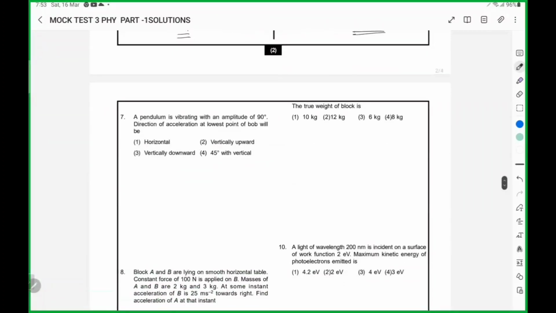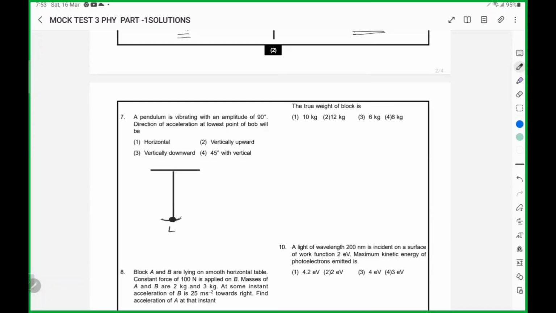So a pendulum is vibrating with an amplitude of 90 degrees. So the direction of acceleration at the lowest point.